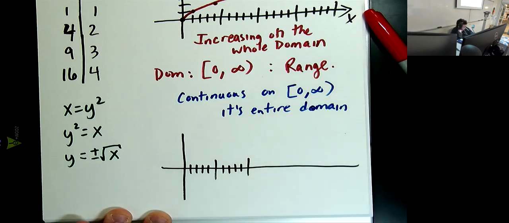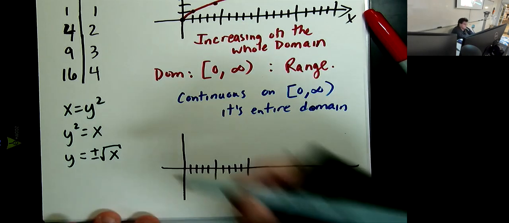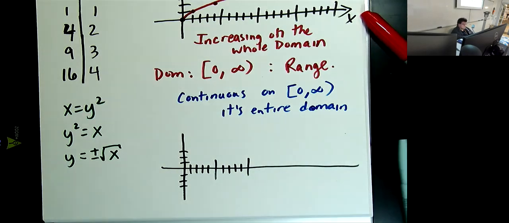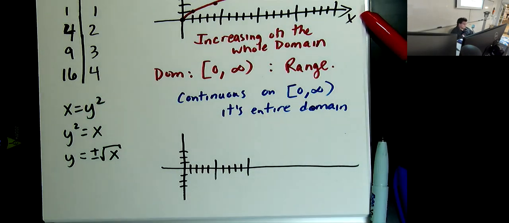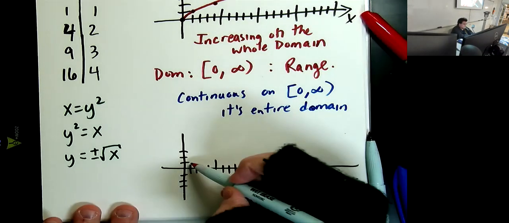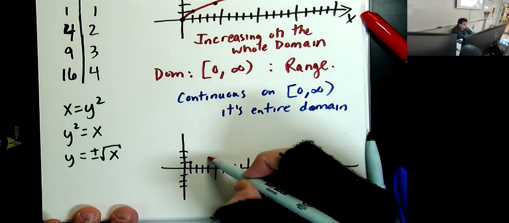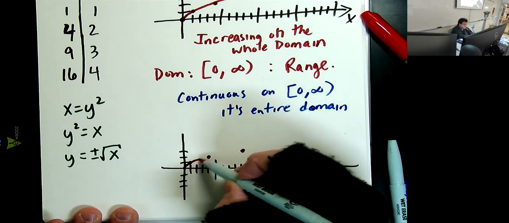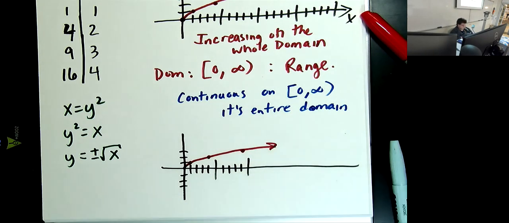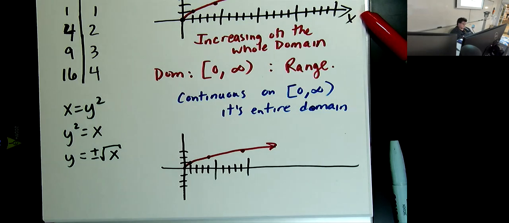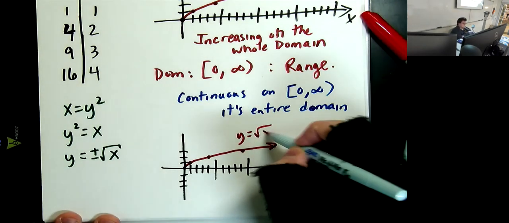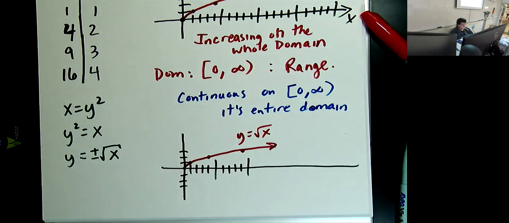I'll just do the first 4 points. It has the same thing as y equals square root of x: 1, 1, 4, 2, 9, 3. Because this is y equals square root of x. And then y equals negative square root of x goes along the bottom.